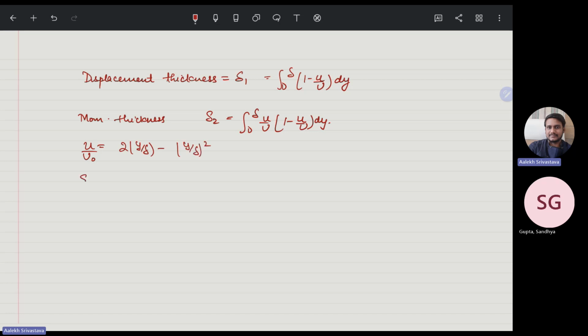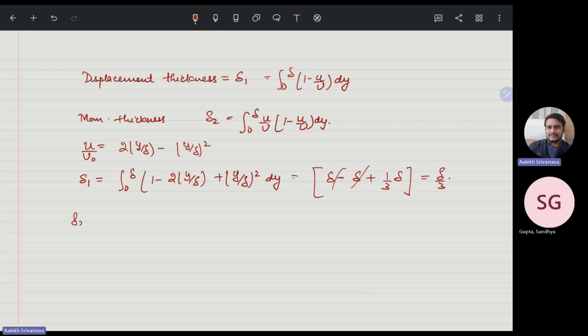If you simply substitute in delta 1, that is the displacement thickness, you will get the integral of 1 minus 2 y by delta plus y by delta whole square into dy, and you will get delta minus delta square by 2 delta plus 1 by 3 delta. Okay, so this is the expression, and if you simply solve it, it is delta by 3.